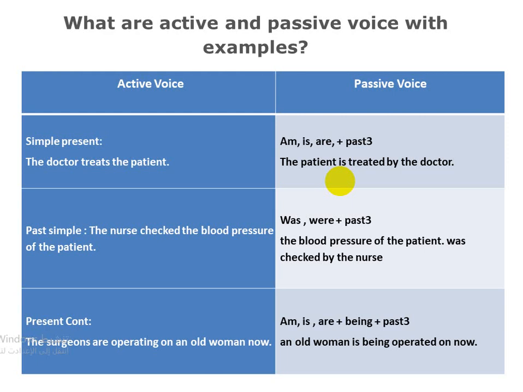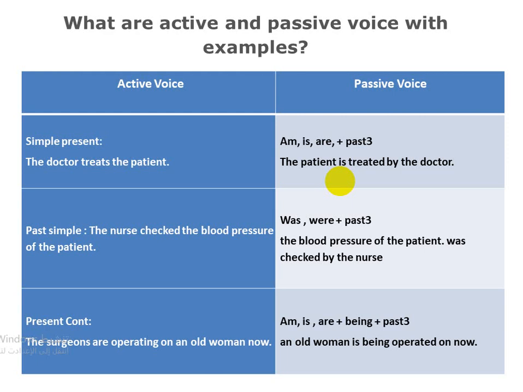It must have a subject, فاعل. Who is the doer? The doctor. The subject is the doctor. Very important, because active means معلوم, which means known, معروف.